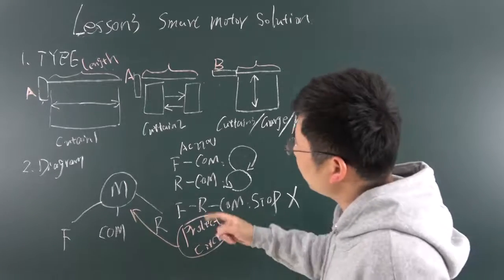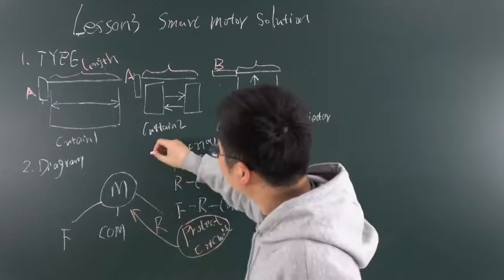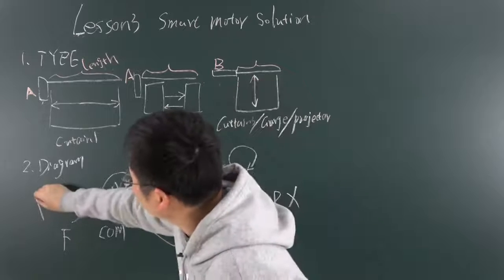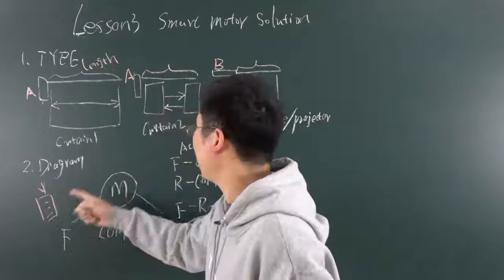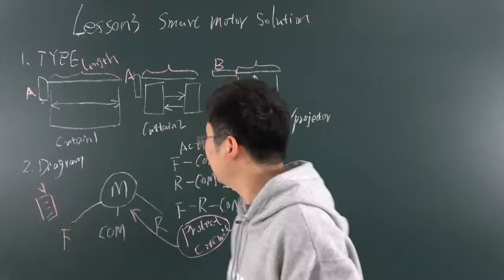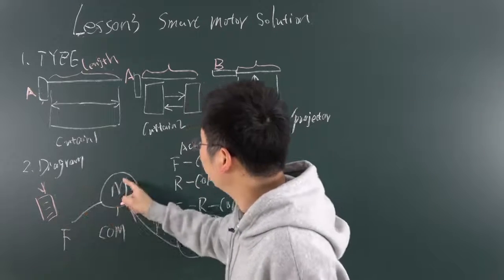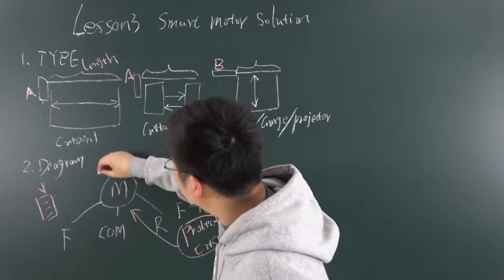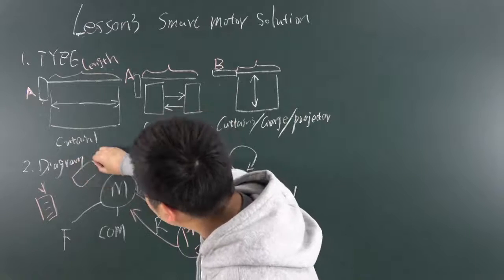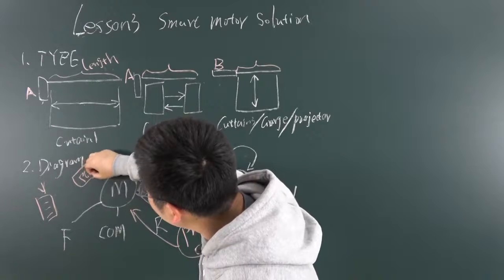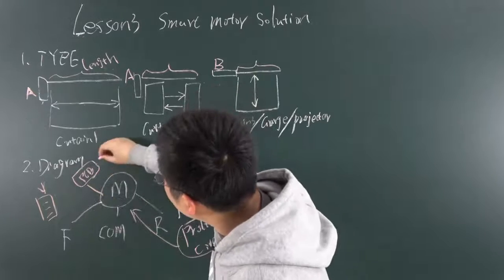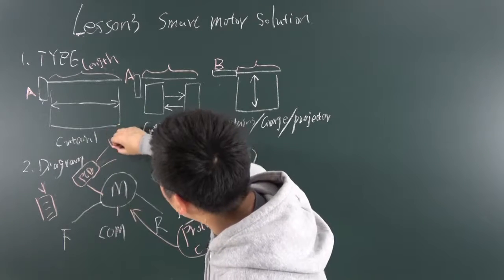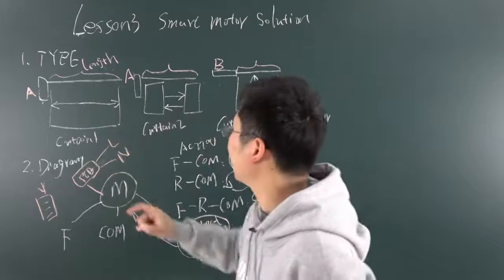And some motors have a remote. Maybe we'll have a remote with this kind of button you can use for up, down and stop. So usually the motor will have a receive PCB board. If it has this function, the PCB board also needs L and N for the power.